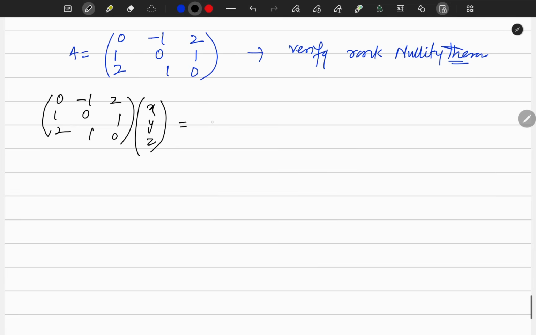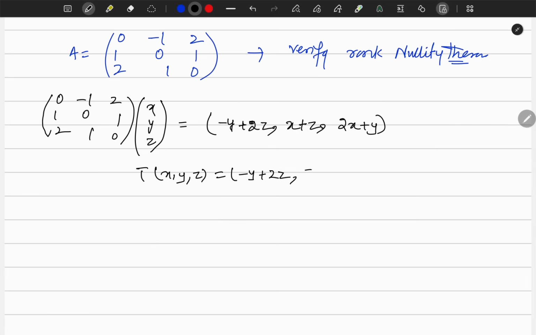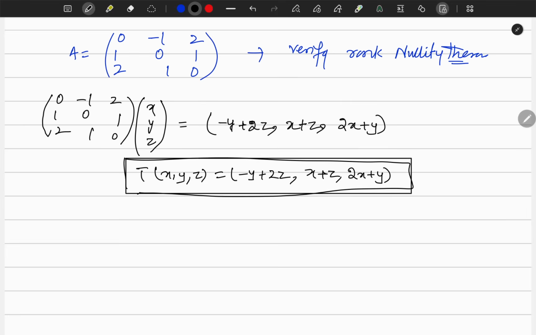So you will get, for example, minus y plus 2z comma x plus z comma 2x plus y. This is the linear transformation. So T of x y z will be minus y plus 2z, x plus z, 2x plus y. Then you can find everything here.